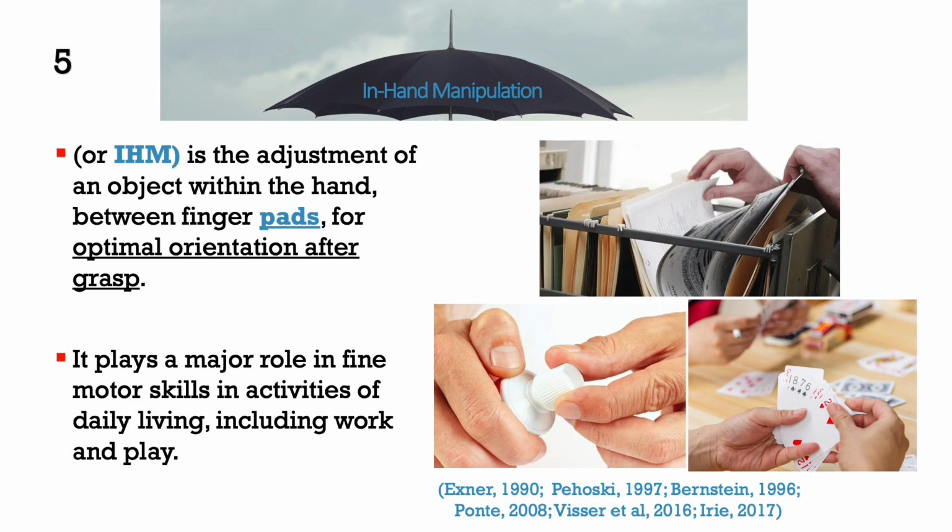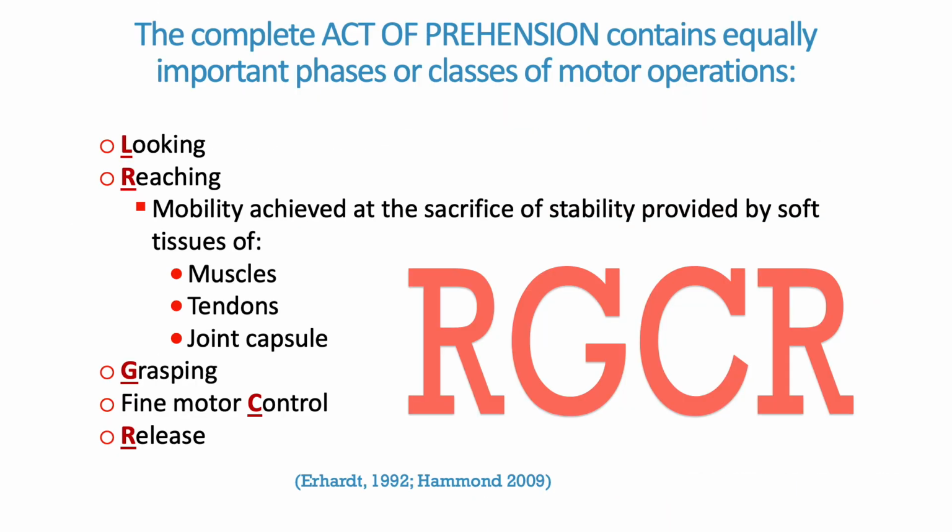In-hand manipulation, or IHM, is the adjustment of an object within the hand between finger pads for optimal orientation after grasp. It plays a major role in fine motor skills in activities of daily living, including work and play. In the field, we refer to this as reach, grasp, control, and release, or RGCR.